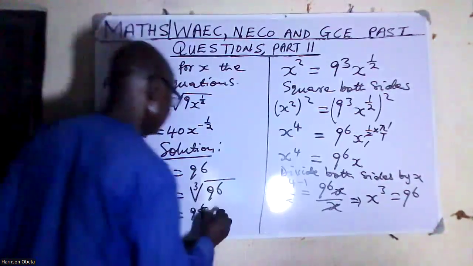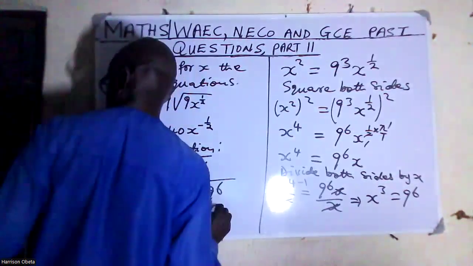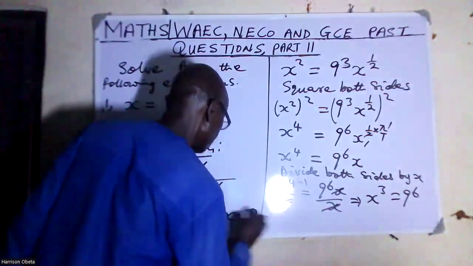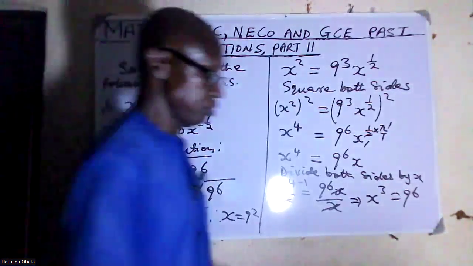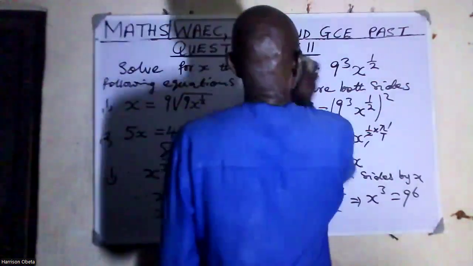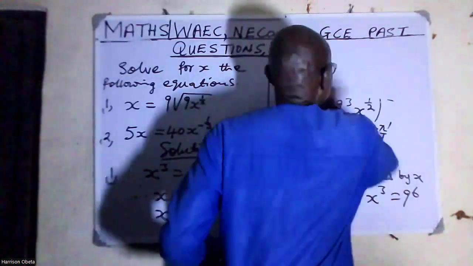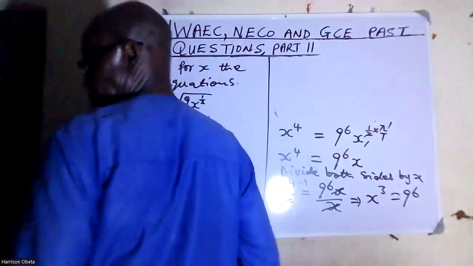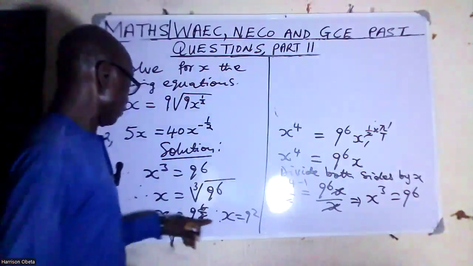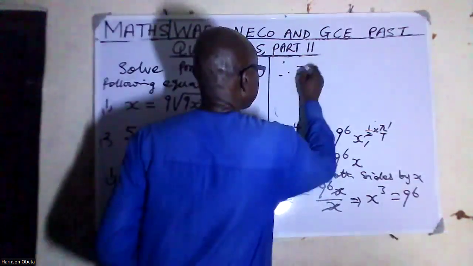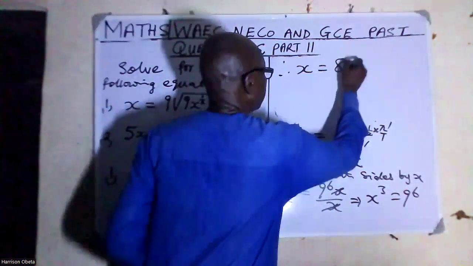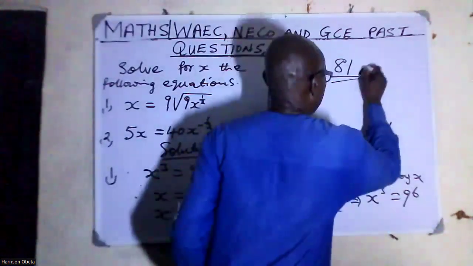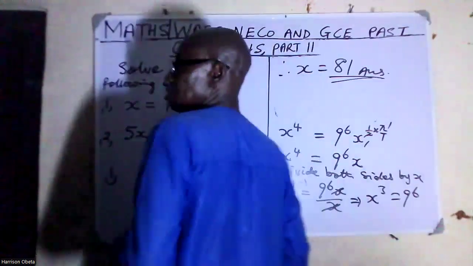And when you divide, it then means that x is equal to 9 raised to the power 2. So moving on, from here, it then means that x is equal to 81. That is 9 raised to the power 2. So this is the answer to that.